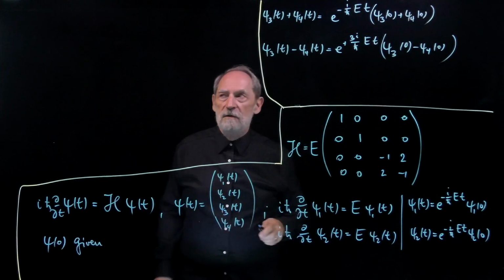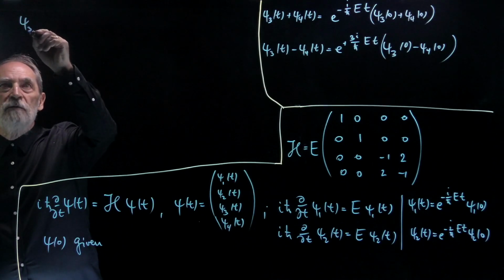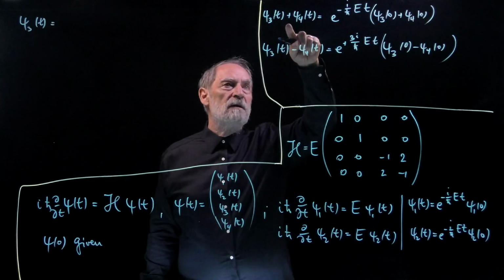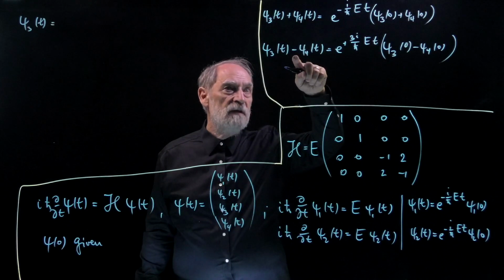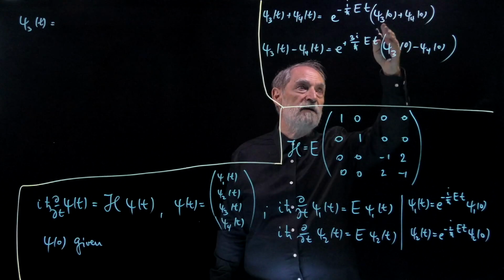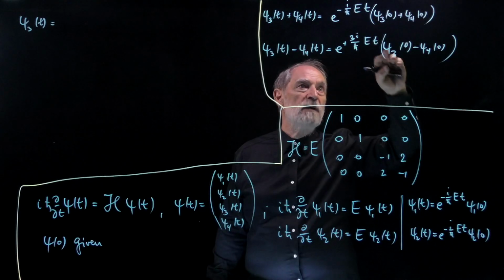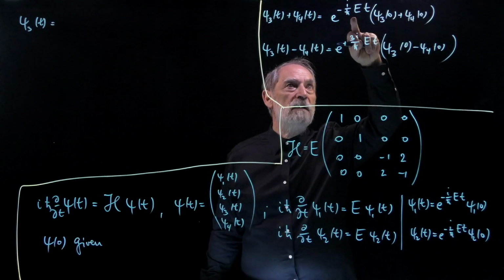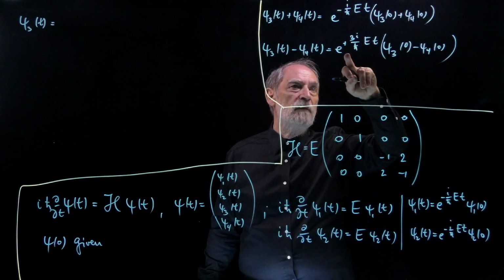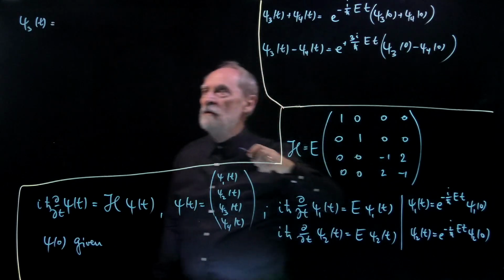So let me just do what I just said I will do. What is the psi 3 of t? The psi 3 of t is the sum of these two left-hand sides divided by 2. So it must be equal to the sum of the two right-hand sides divided by 2. That means that there is the psi 3 of 0 multiplied by e to the minus i over h bar et plus e to the 3i over h bar et divided by 2.